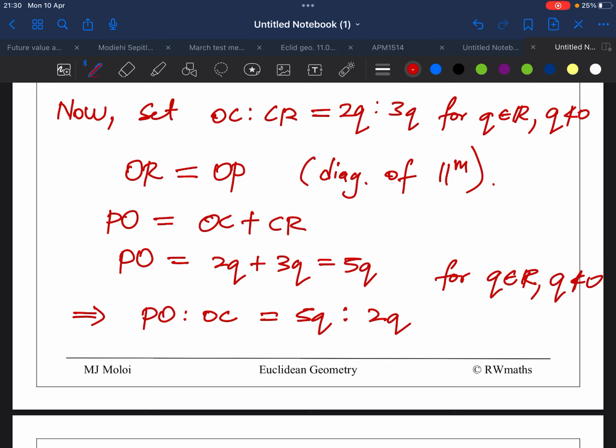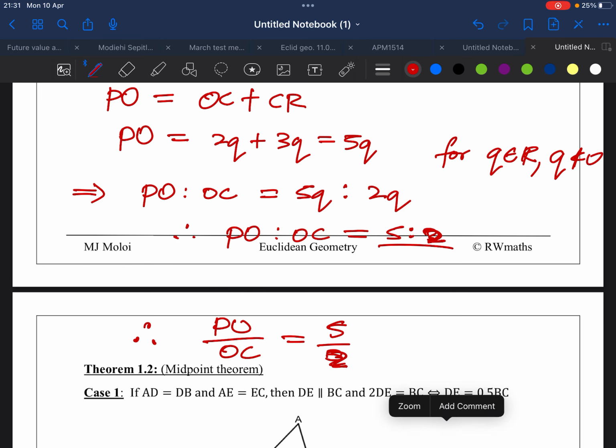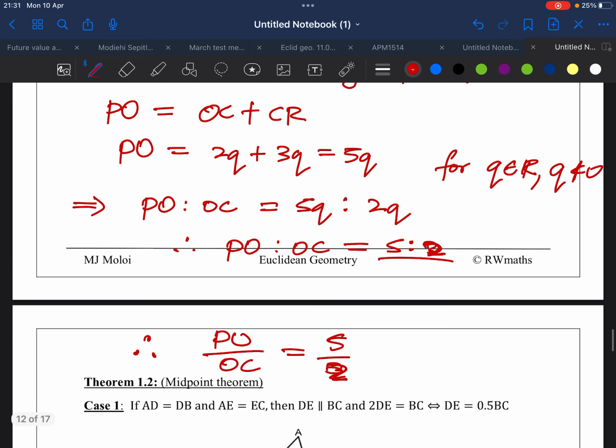So now therefore PO is to OC will be equivalent to 5:3. When you want to write this, you'll say PO over OC is equal to 5/2 there.